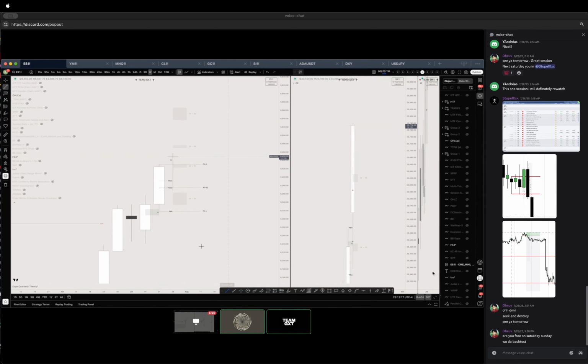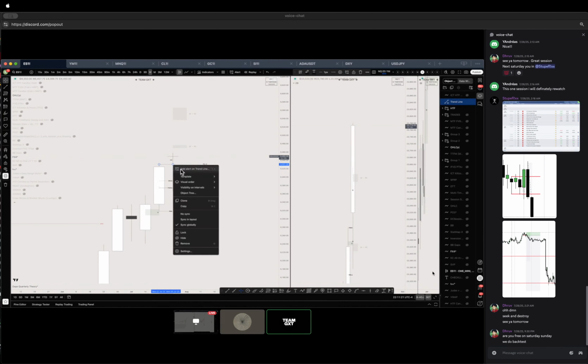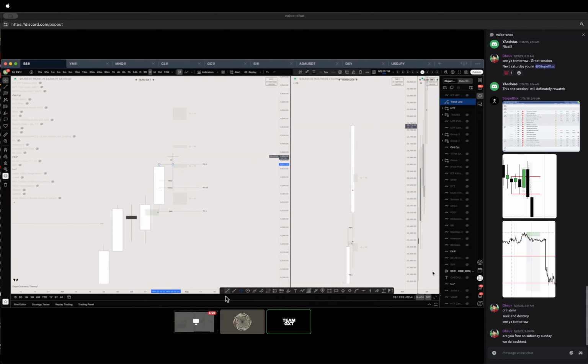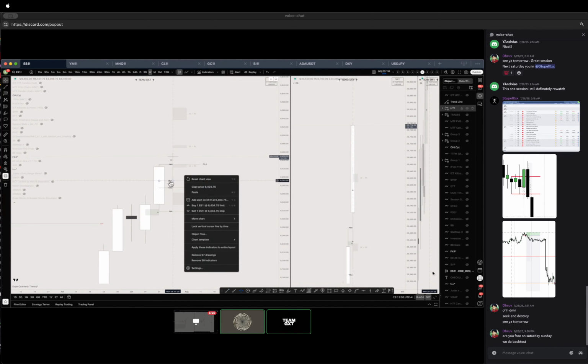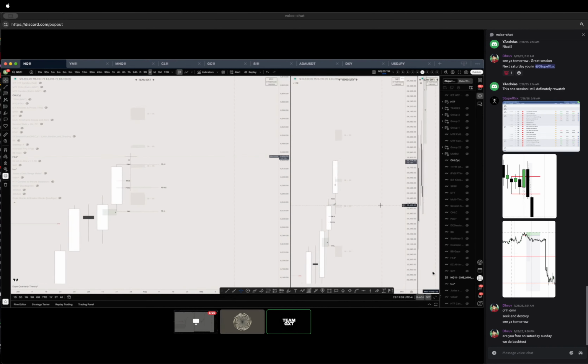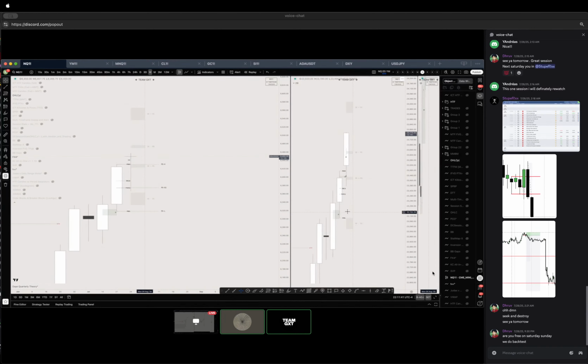That was insane. Starting here with ES, previous week high was taken out. We came down into previous week EQ and we got the move up from there. So I got previous week low.